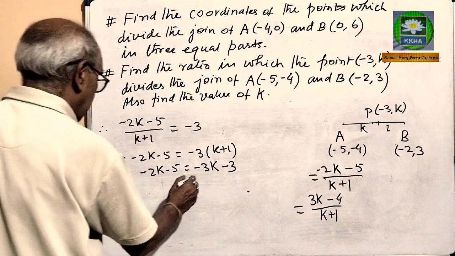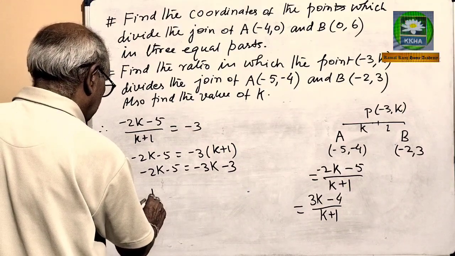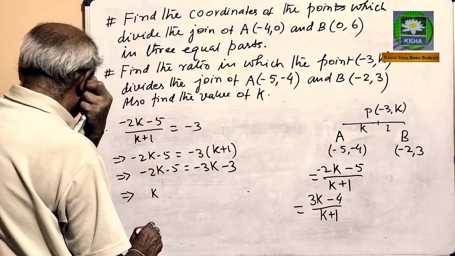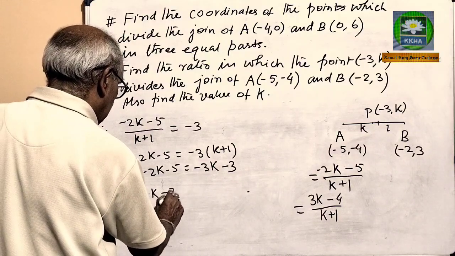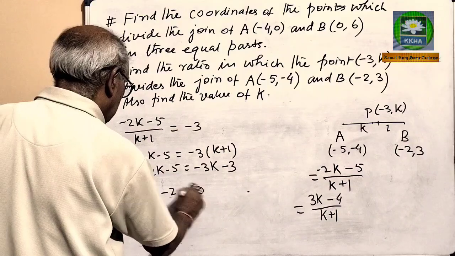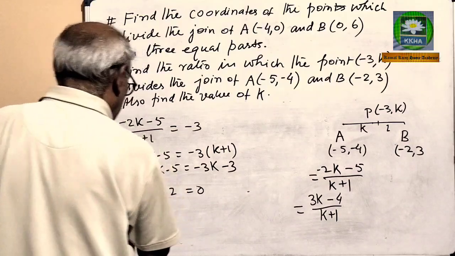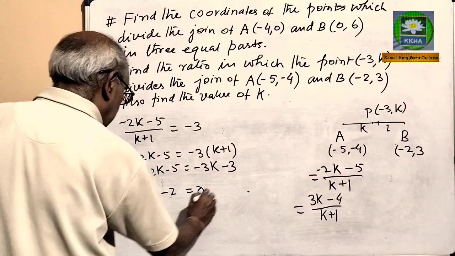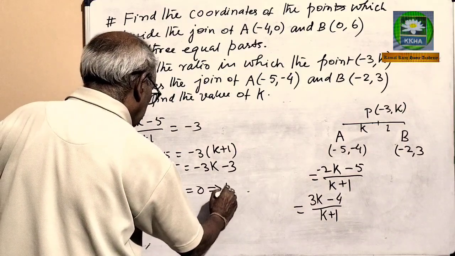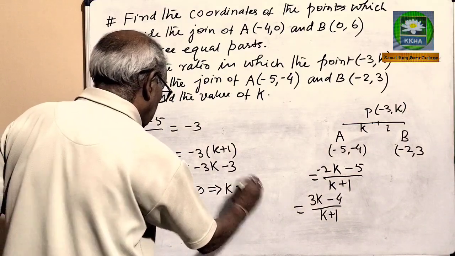This implies that k minus 2 equal to 0. This implies that k equal to 2.